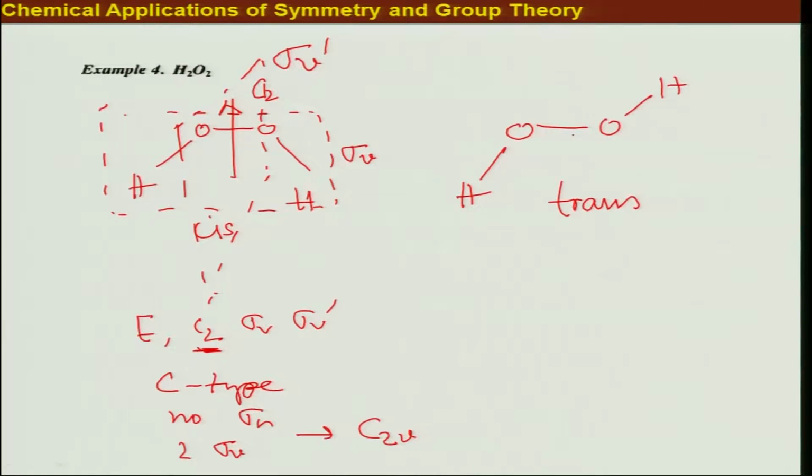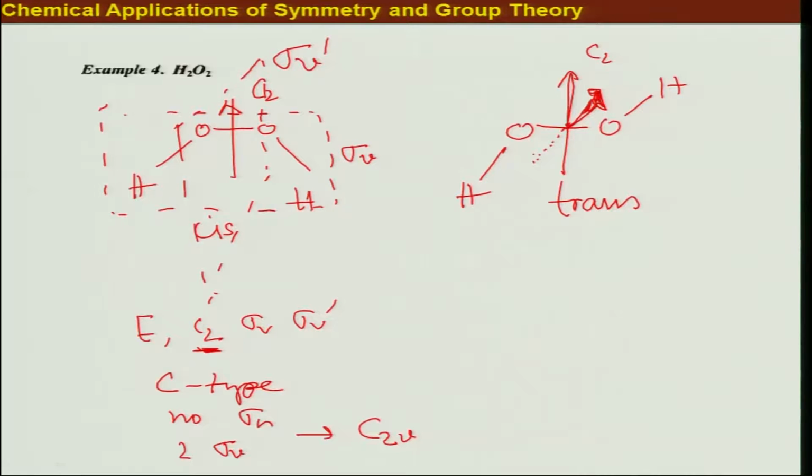I have one C2 along this axis in the plane of this molecule. Okay, so this is one C2. Another C2 I can think of which is perpendicular to the plane of this molecule. So if I write a stereo structure, this is at the bottom.